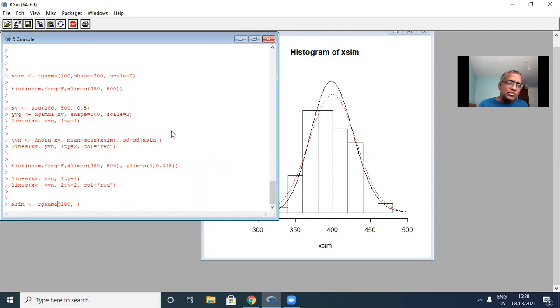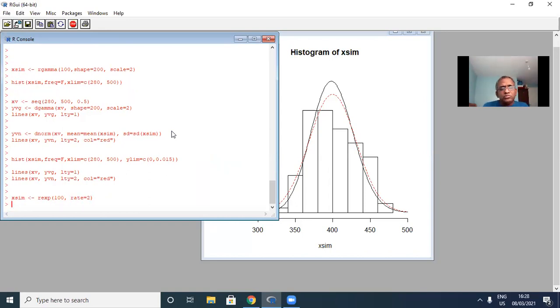I'm sure all of you guys know from probability 1 what an exponential distribution is. So I'm simulating a random sample of size 100 from an exponential distribution with parameter 2. It has only one parameter, as you know, the exponential. And then I'm going to do a histogram of this.